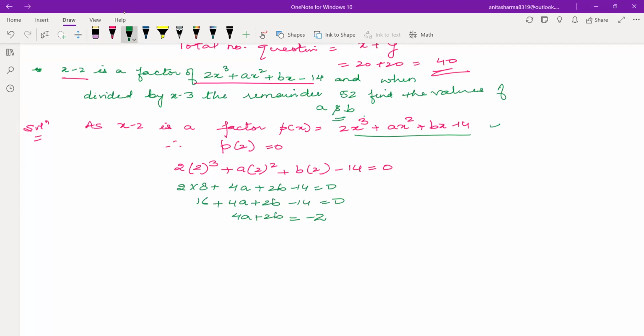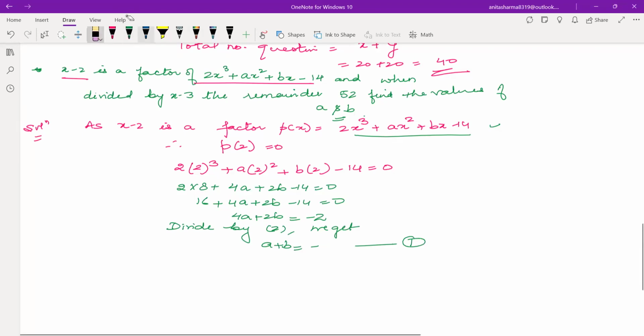Now you can divide this equation by 2. We get 2a plus b is equal to 1. This is your equation 1. Ma'am, isn't it minus 1? Sorry, because we are dividing it by 2 now, so it will be minus 1.